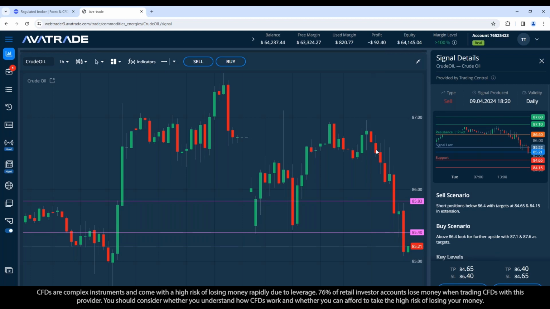Okay. Right now, though, we have a technical downtrend on crude oil, and it's hard to buy in a strong downtrend. But you could look to see if at some point this reverses.